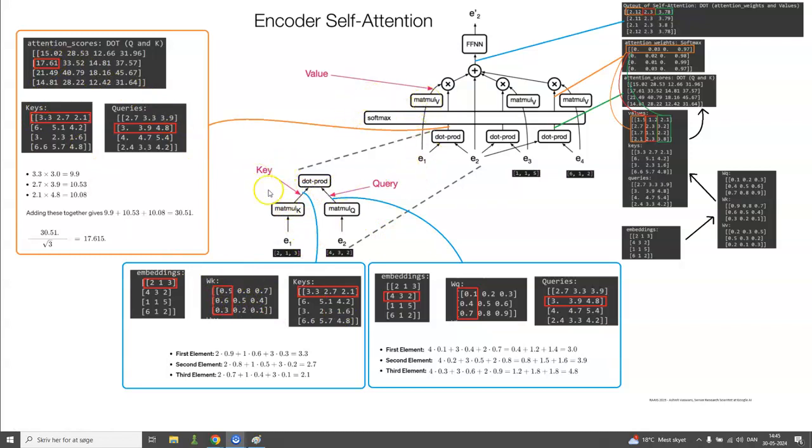But remember, the key matrix is used for every calculation, the query matrix is used for every query, and the value matrix is also used for every value. So there are 3 weight matrices for the entire system.